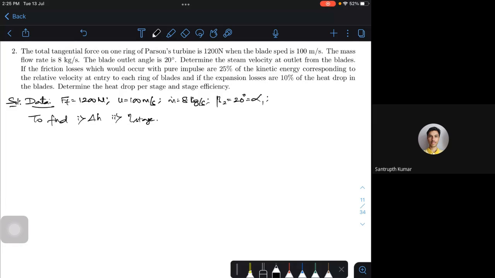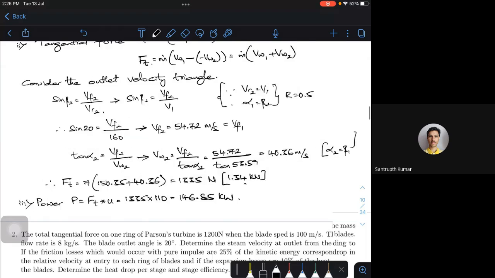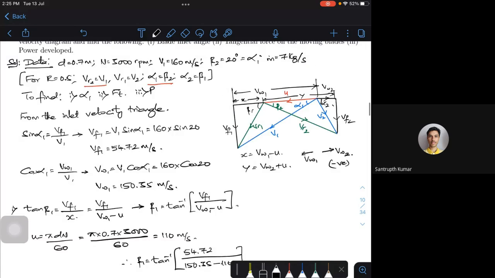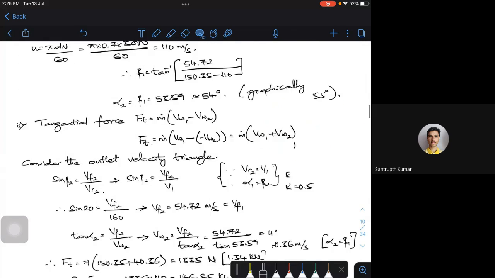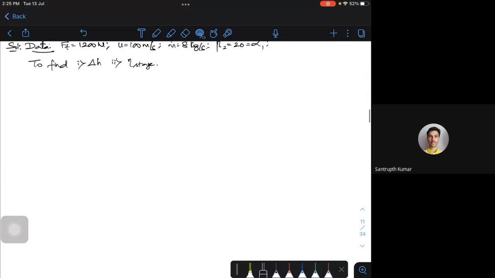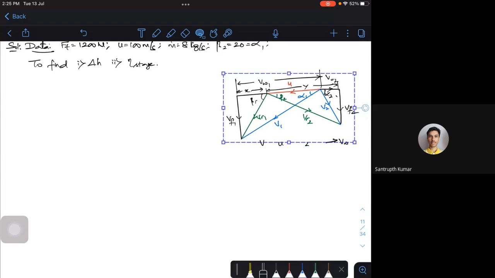Now, this particular problem is very similar to the previous one that we solved, where R is equal to 0.5. I take the same velocity triangle and paste it over here.